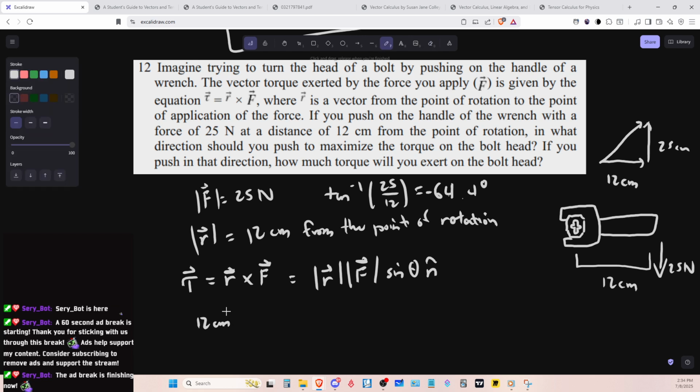So we have 12 centimeters times 1 meter per 100 centimeters, which gives meters. Yeah, I think that would be much better.